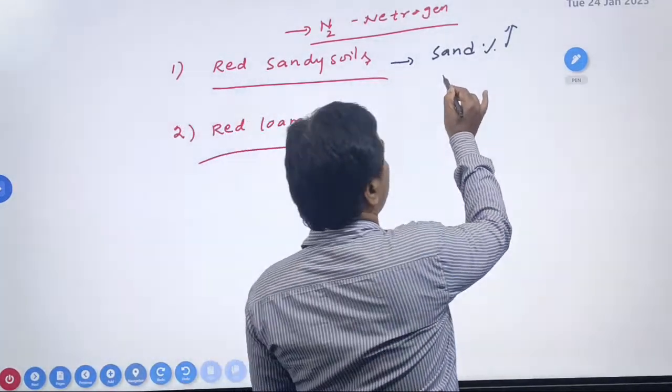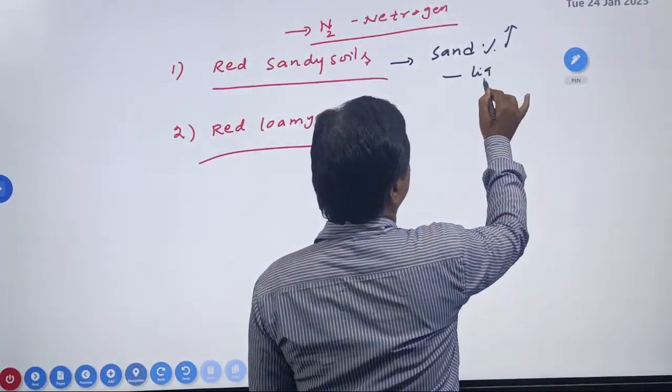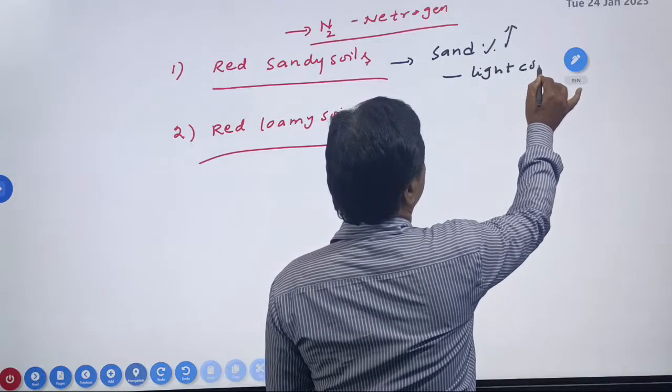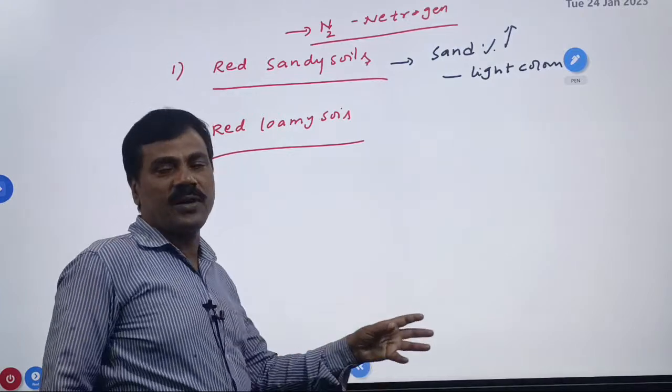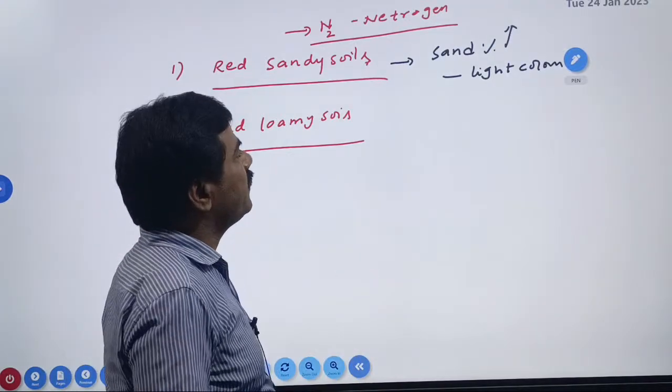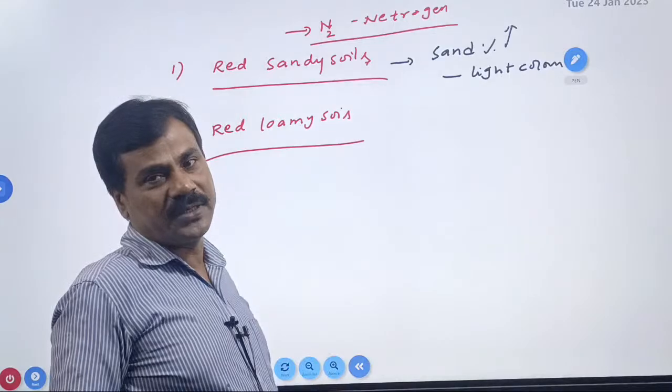It looks like a light color. Red sandy soil looks light in color and has a high sand percentage.